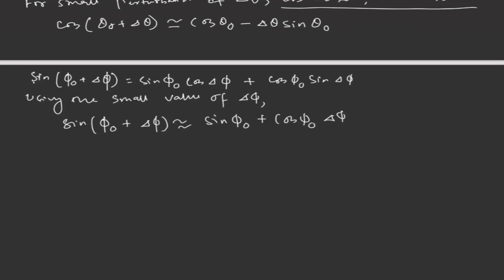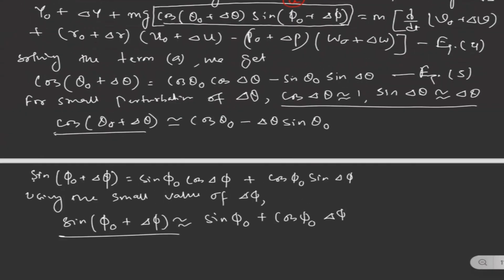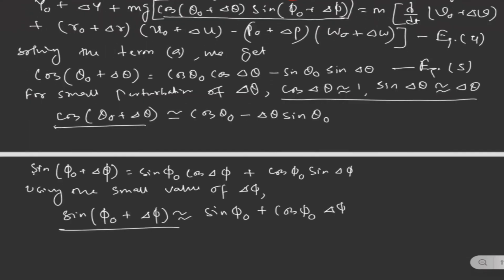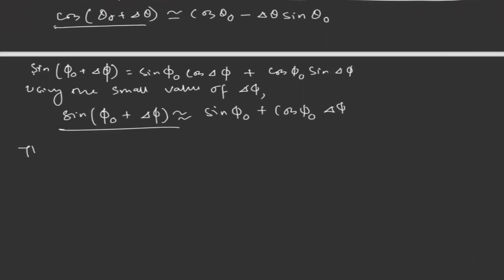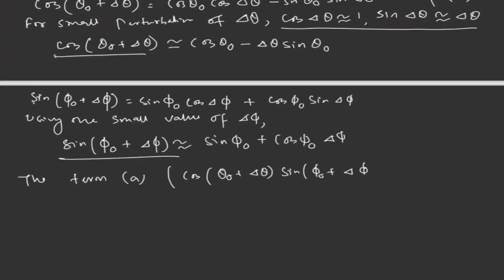If you incorporate this expression of cos theta naught plus delta theta and sine phi naught plus delta phi in equation number 4 for the term A, we can write the term A, which is nothing but cos theta naught plus delta theta times sine phi naught plus delta phi.